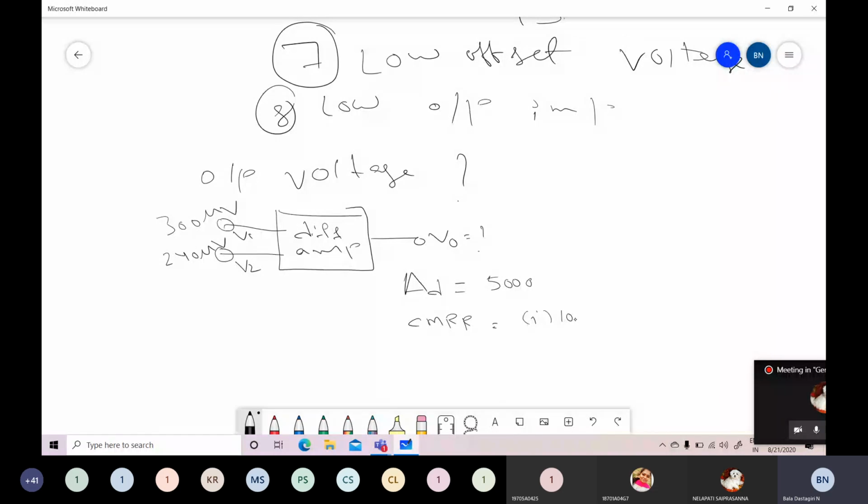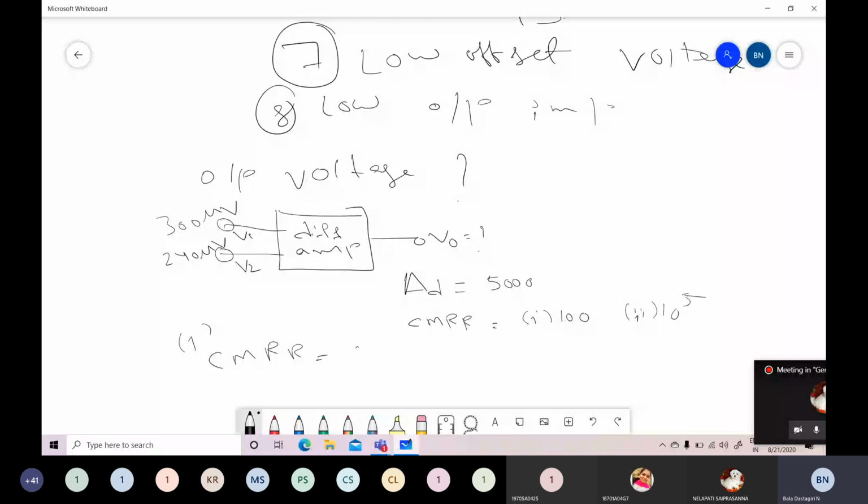Based on these values, we have to find the output voltage. So first, CMRR is equal to 100.